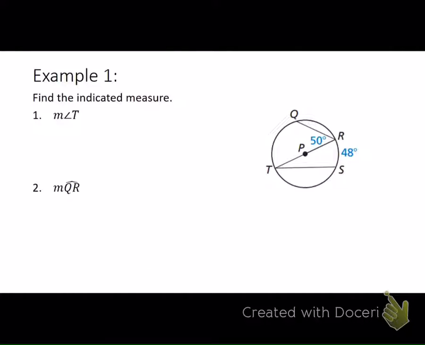All right, so find the indicated measures. We're going to find the indicated measures in our diagram. So it says find the measure of angle T. So we need to know what the intercepted arc is. What is the intercepted arc of angle T? Arc RS. And we just learned what the relationship was.